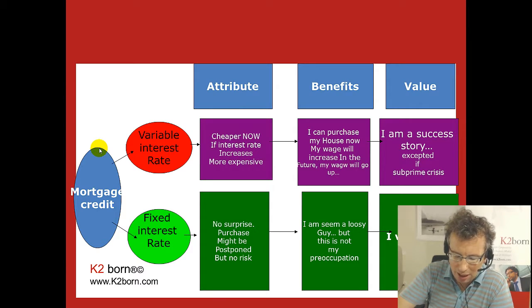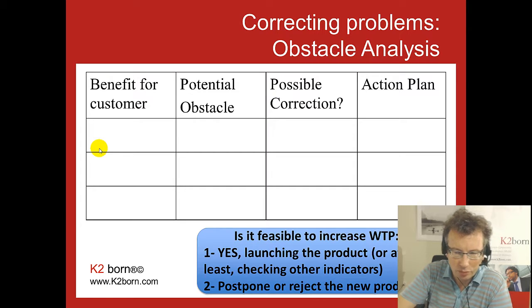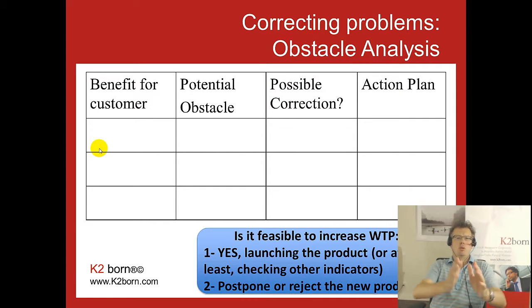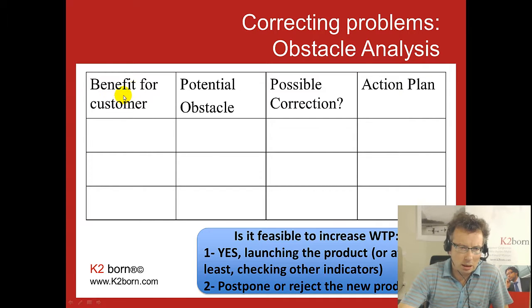Okay, at this point, if we go on, what happened? Okay, so you will see that basically benefit for the customer, you will have some potential obstacle, possible correction, and action plan. So at this point, it's really interesting to see, benefit for the customer. You've got, for instance, if we stay with the previous example, acquisition of the credit, of the house of your dream.